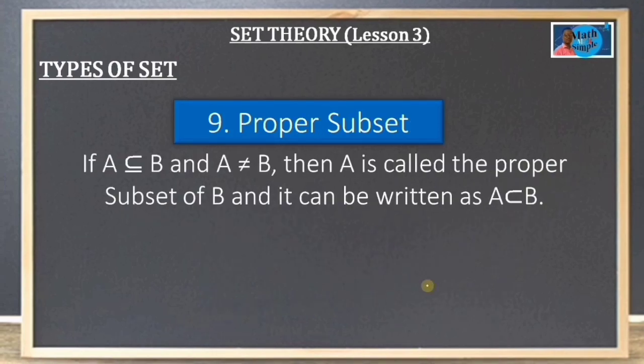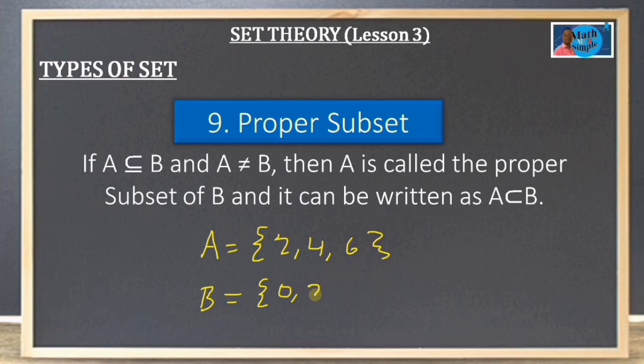Now we look at the proper subset. If A is a subset of B, but they are not equal, then A is a proper subset of B. Let's see an example. If you have A equals 2, 4, 6, and B equals 0, 2, 4, 6, 8.